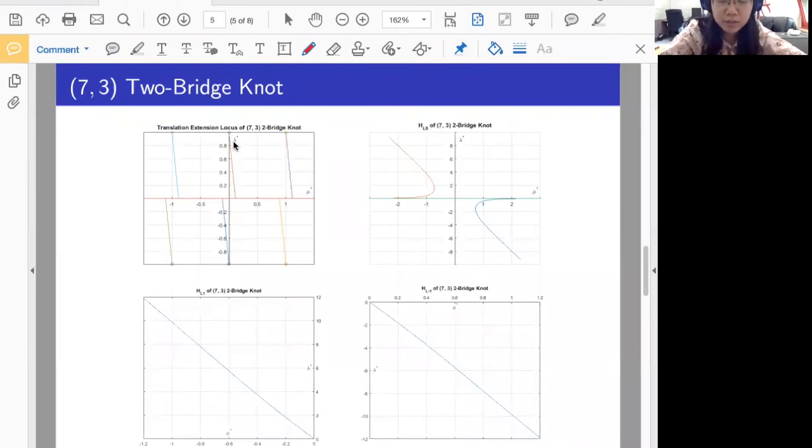Let's look at the pictures again. First, let's take a look at the translation extension locus of the 7_3 two-bridge knot complement. Every point on the curves of the translation extension locus comes from a PSL(2,R) tilde representation of the knot complement such that it's elliptic when restricted to the boundary. We pick one point, say here, and this point comes from a PSL(2,R) tilde representation of the knot complement.